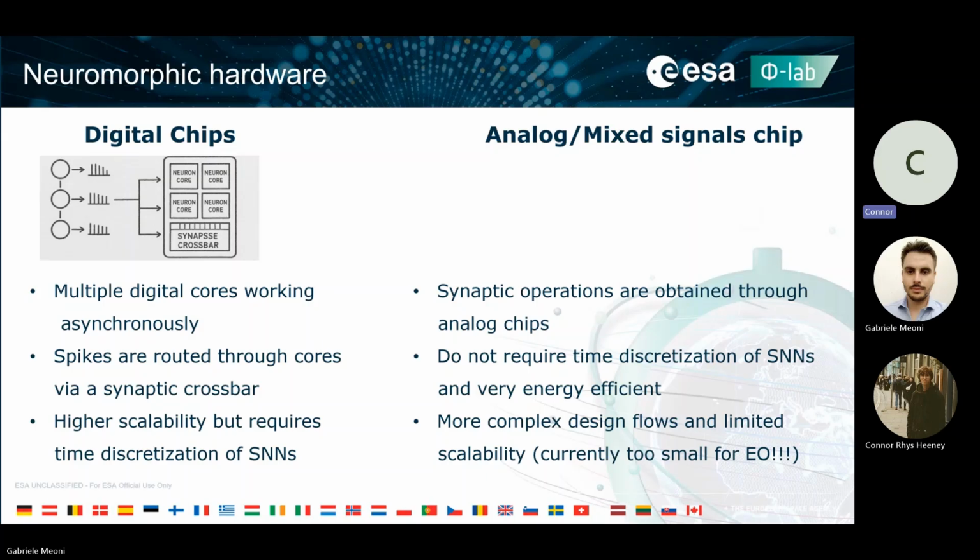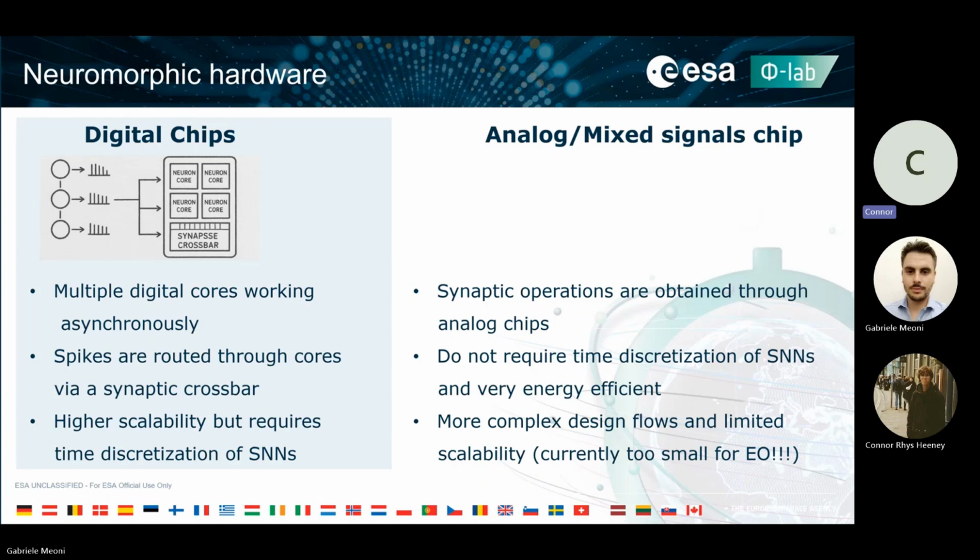There are different neuromorphic hardware. Nowadays, there are more or less 2-3 solutions in terms of the way they are built. Of course, there are many companies or entities proposing neuromorphic hardware, but they are the so-called digital chips. What they do is take normal or similar processors, clock them with a separate clock, so they work very asynchronously, and then you have a synapse crossbar.